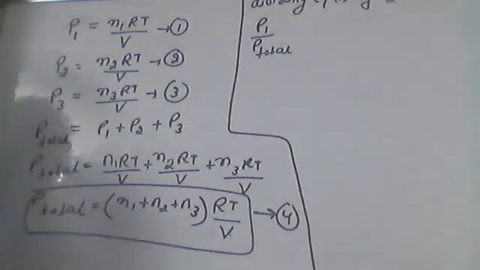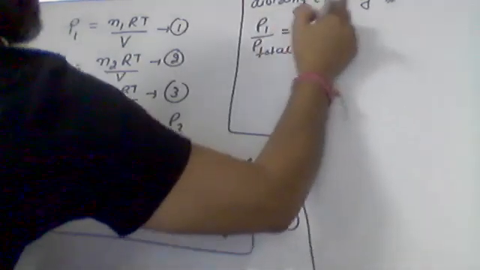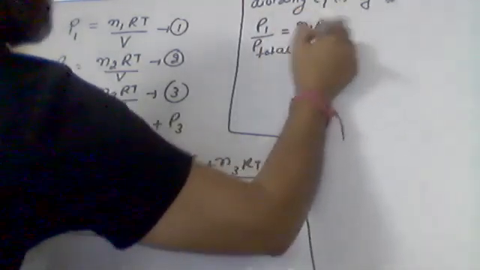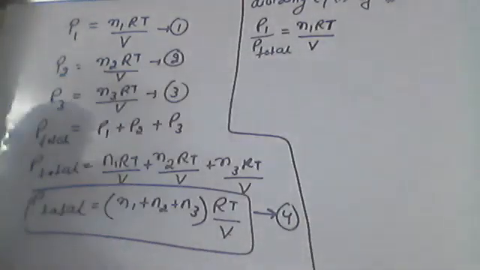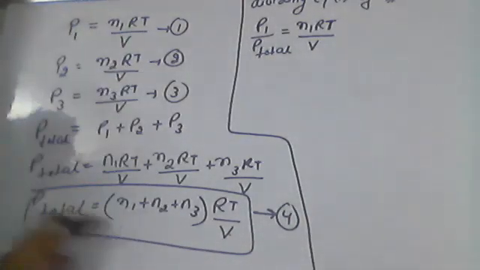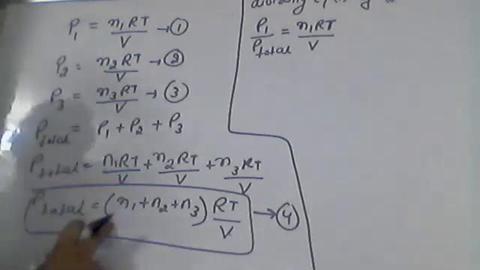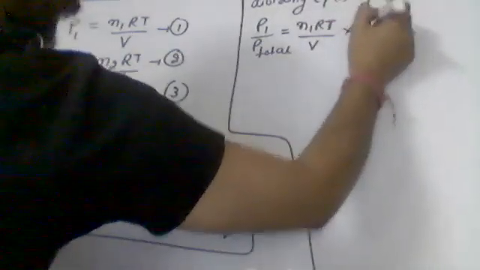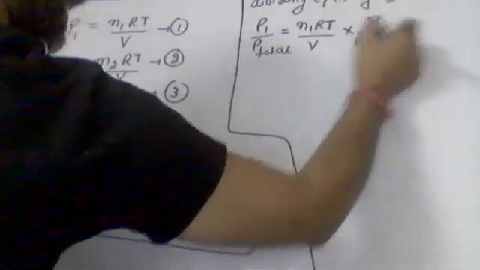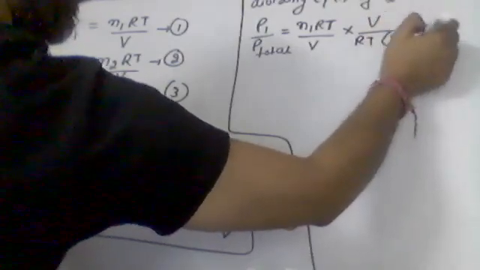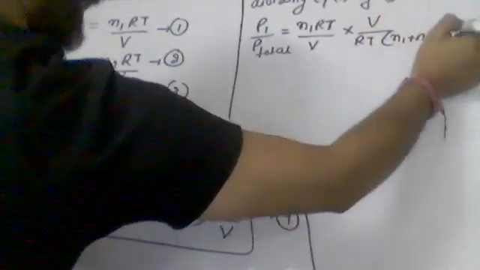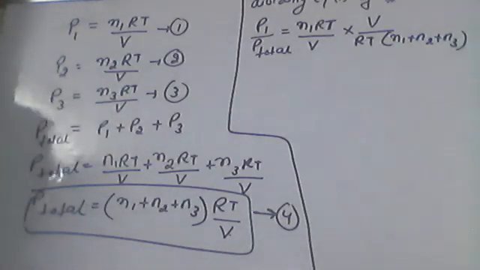Equation 1 is n1RT/V, so P1 divided by P total is n1RT/V into V over RT, times 1 over (n1 plus n2 plus n3).